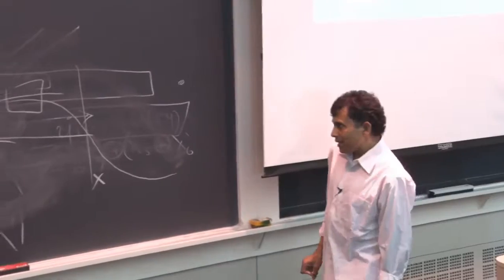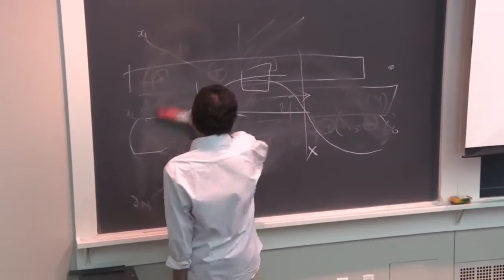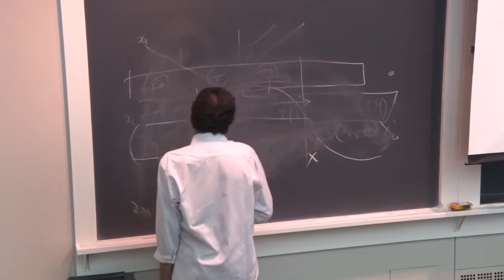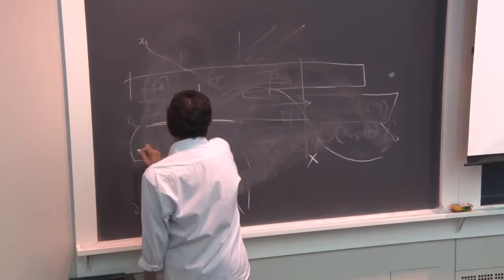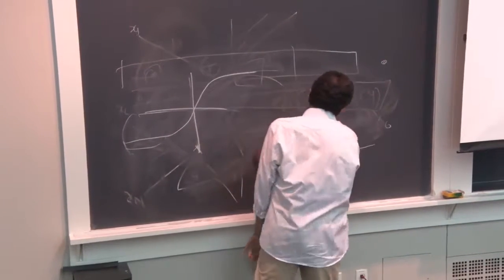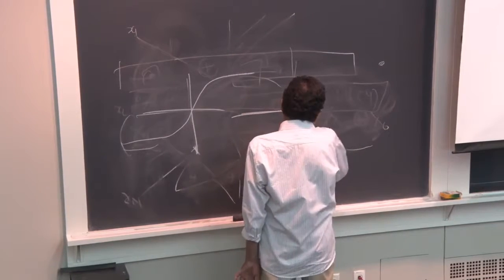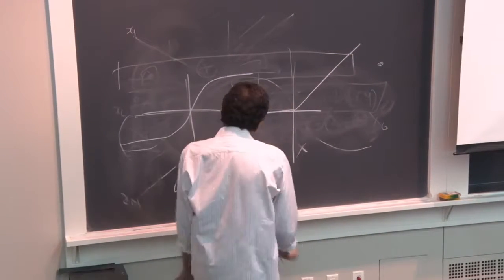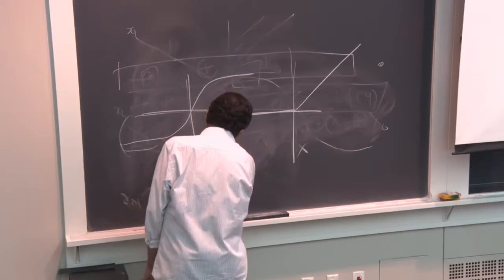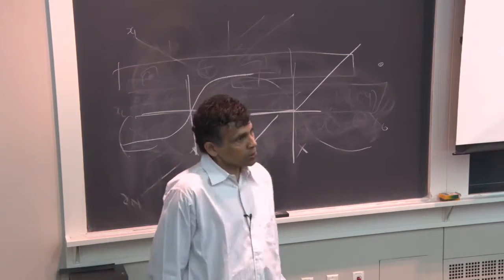So given a choice between an activation of this kind, an activation of this kind, and an activation of this kind, and an activation of this kind, which of the three would you choose?